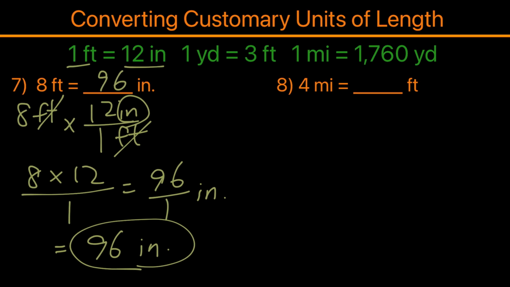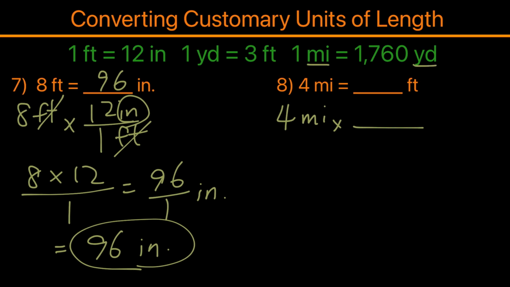And for our last example, we want to convert miles to feet. So we'll write out 4 miles. Now, which conversion method has both miles and feet? And we don't have any. However, we do have mile converting to yards.